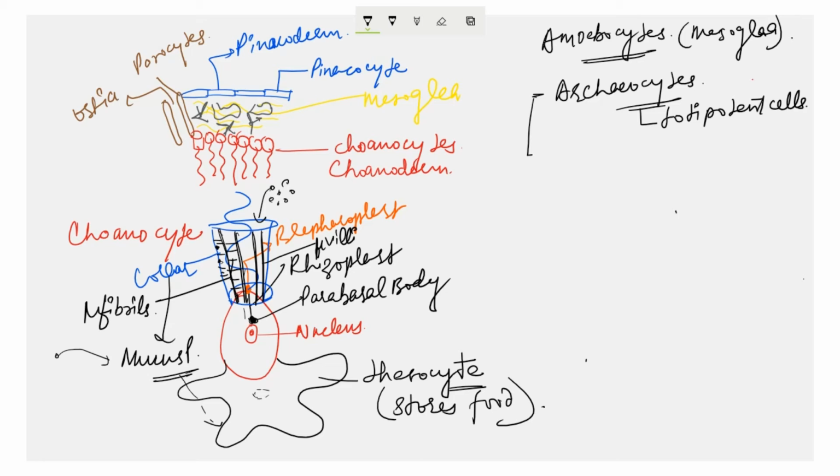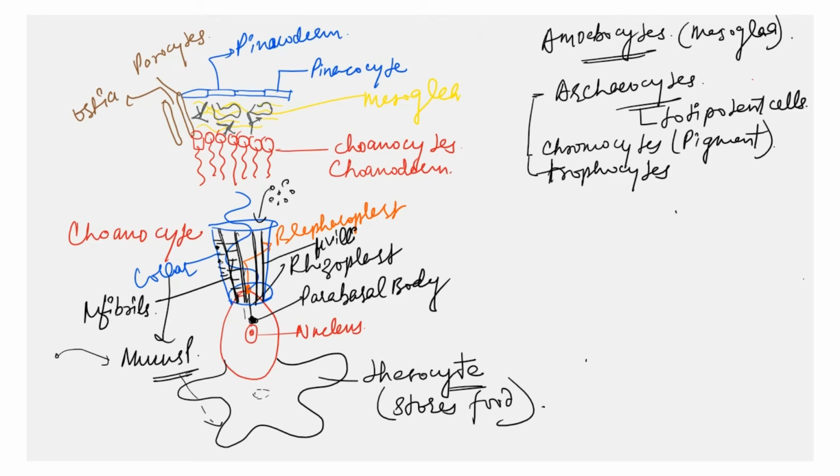Then we have chromocytes. Chromocytes are pigmented cells which impart the color to the sponge. And then you have trophocytes. Actually, here this thesocyte could be trophocyte as well.